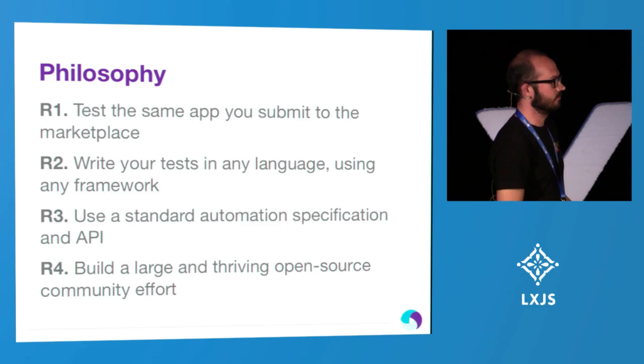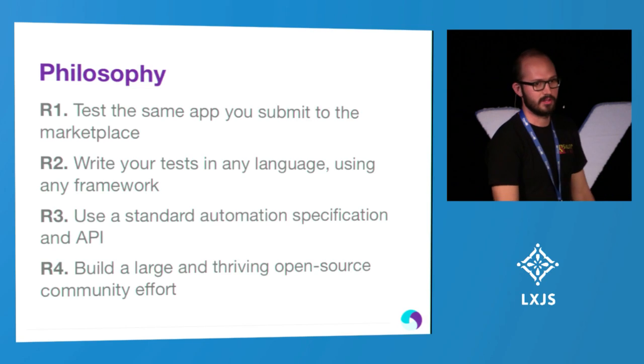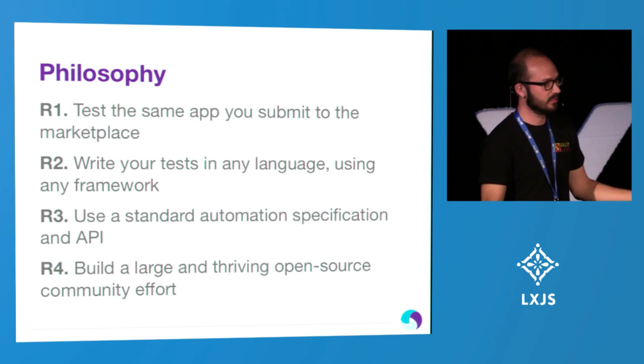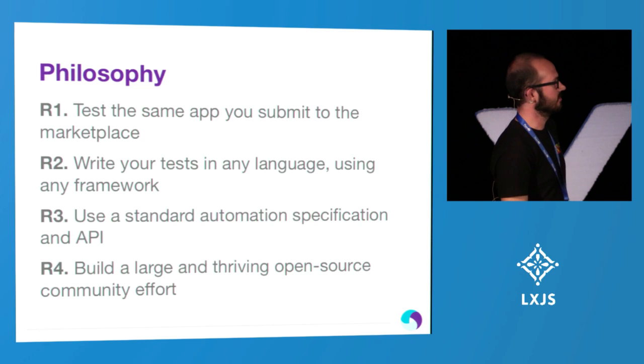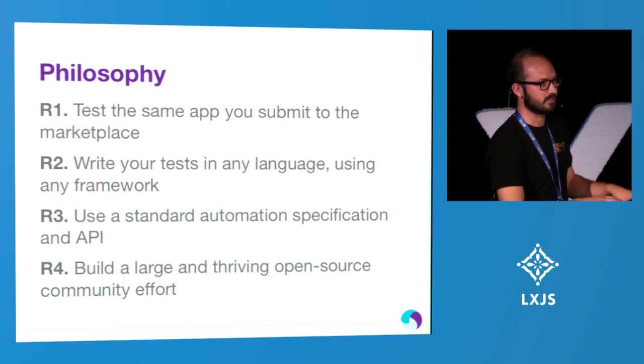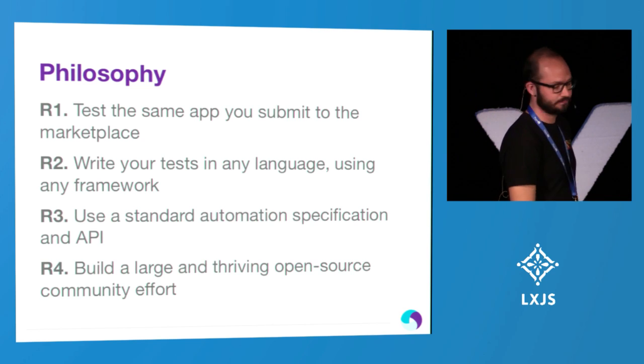But one of the things I did want to highlight is the last thing, which is that we believe this should be truly open source. We believe that every aspect of the development of Appium should happen out in the open. It should be a project that involves people outside of Sauce Labs and all kinds of people. And I think the last time I looked at our committer list, we had somewhere close to 60 different contributors. So I think we're actually doing pretty well on that.